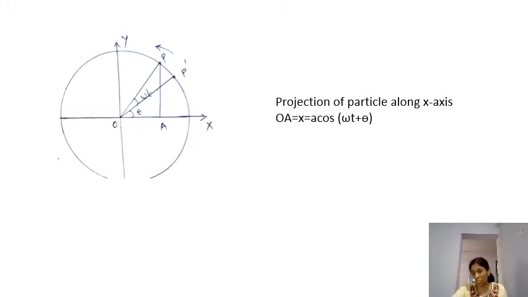Initially we took the projection along the y-axis, so we wrote y is equal to a sine omega t. Now, taking the projection along the x-axis, x is equal to a cos of omega t plus theta, with respect to different time intervals. So we are taking two angles, omega t plus theta.